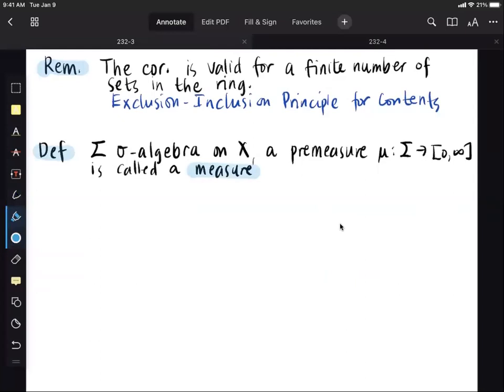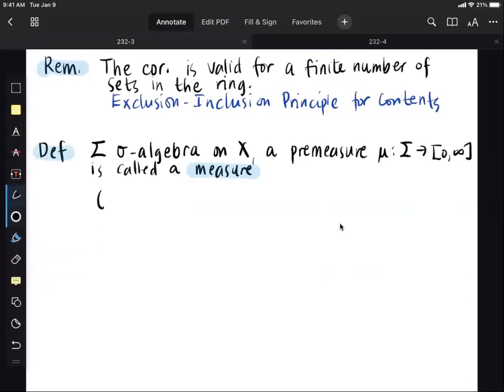Okay, so what's the difference between a premeasure and a measure? For a premeasure, the domain can be a semi-ring. But in the case of a measure, it is required that the domain must be a sigma algebra.